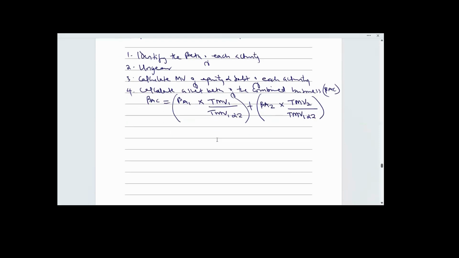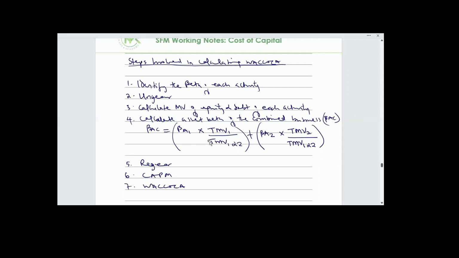Once this is done, I will then move to step 5. Step 5 is to regear. Step 6 is to calculate CAPM. Then step 7 is to calculate WACOCA. So these are the 7 procedures you are going to embark upon whenever you want to calculate WACOCA.